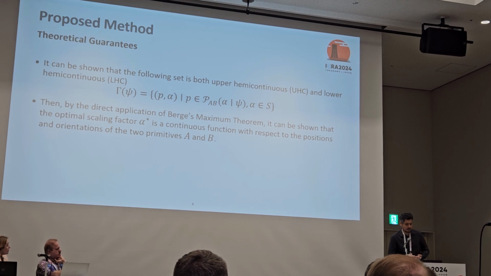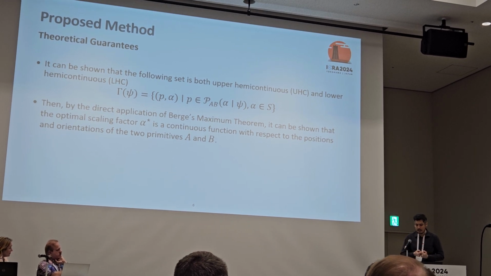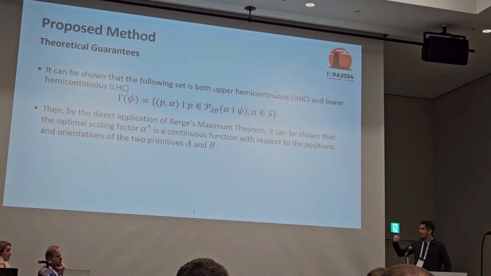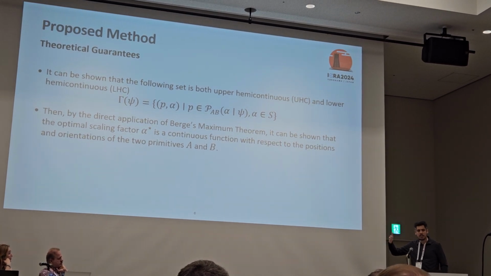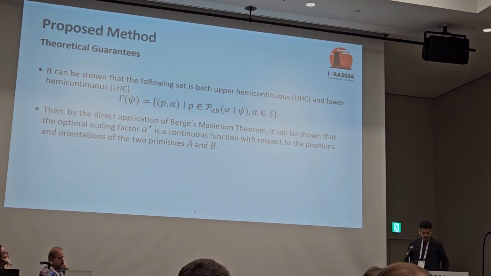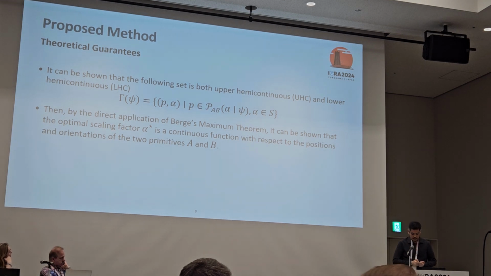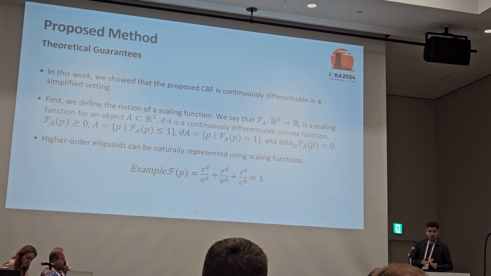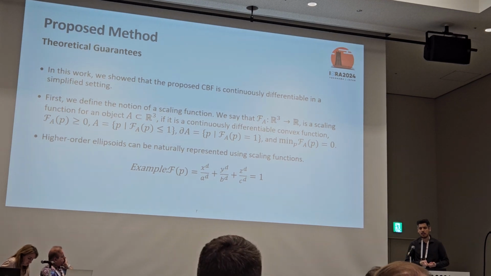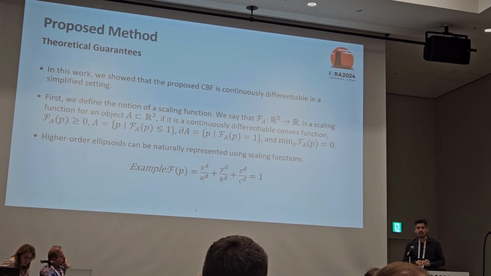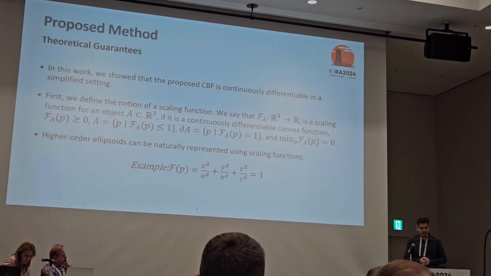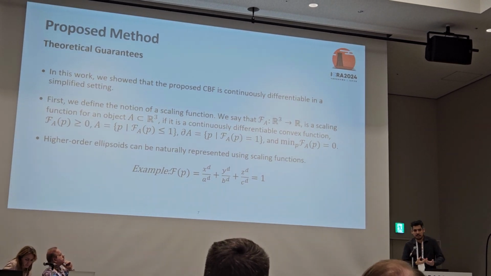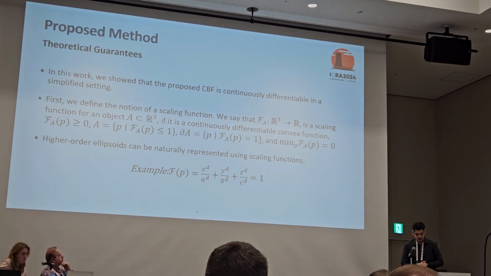Once we prove that, we can use Berge's maximum theorem to establish that indeed this scaling factor, and therefore the CBF function, is a continuous function of the poses of both objects A and B. Okay, so this first property is that we can guarantee continuity, but we would like to guarantee more than that. Because in order to implement the CBF inequality, we need to compute the derivative of the CBF function, and therefore the derivative of the scaling metric. So we also show some results concerning differentiability, which is stronger than continuity.